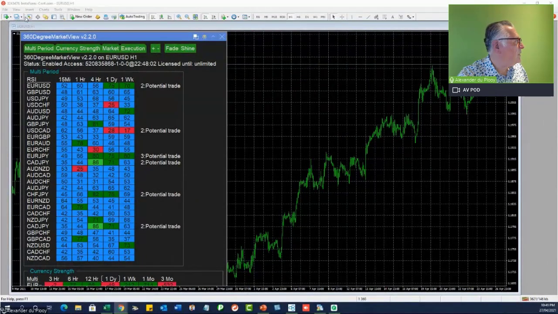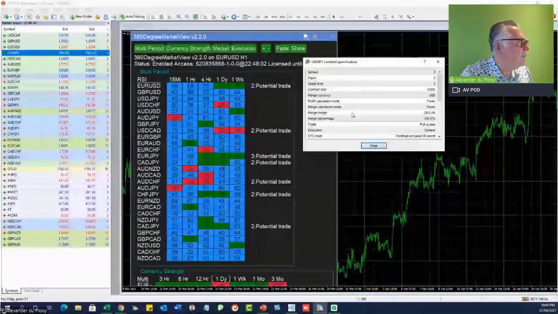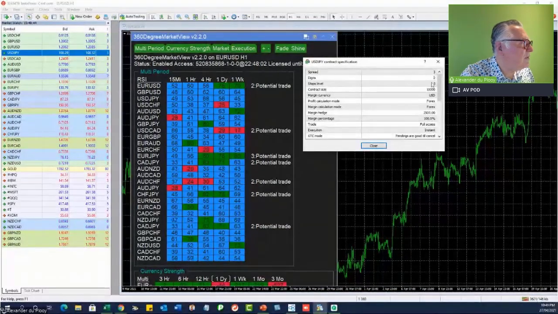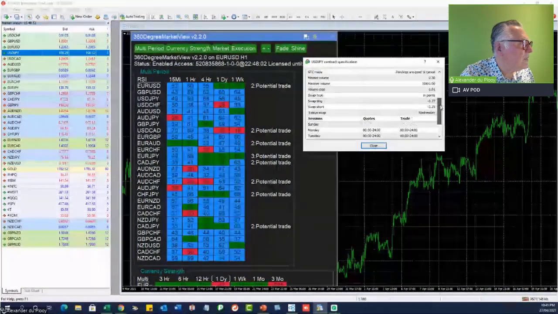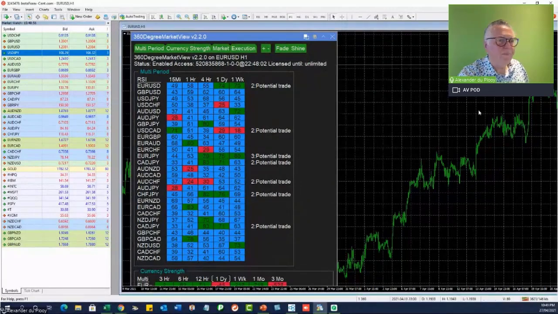If you go in there and click on specifications, I think, I'm not quite sure, it should tell you the contract size. It might tell you the maximum lots. No, it doesn't. Some of these things are hidden away.